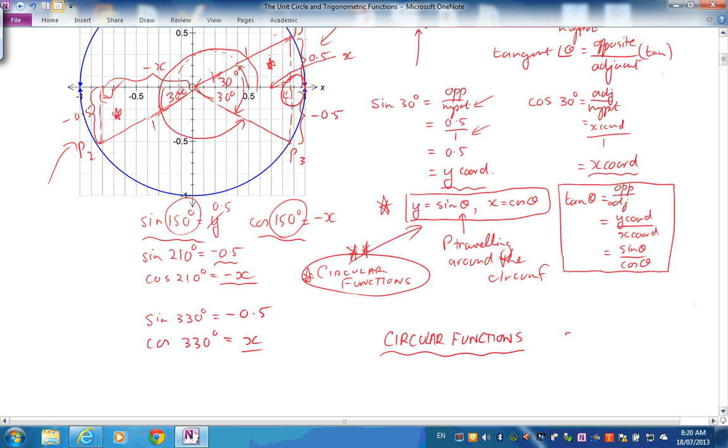And the new definition is the sine of theta is the y coordinate of the point P travelling around the circumference. The cos of theta is the x coordinate of P, and the tan of theta is the y over the x.